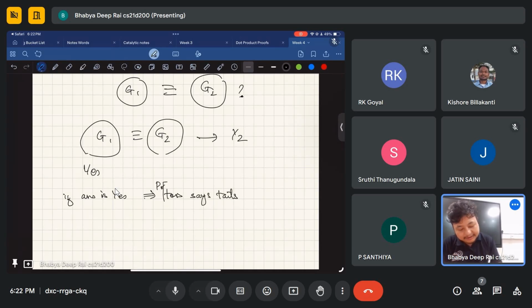The probability that the toss says tails is equal to half. So this is nothing but the error probability.